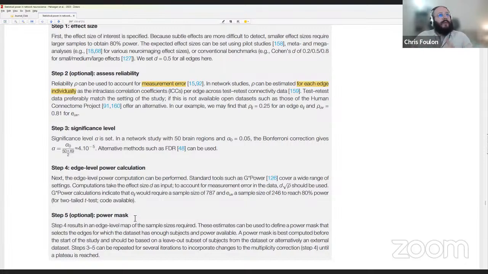They explain that it might be better to have local evaluations of statistical power. So one limitation to the study, I would say, is that they say you could mask it: you calculate your statistical power and say, oh, this region has a really low statistical power, so we remove it.